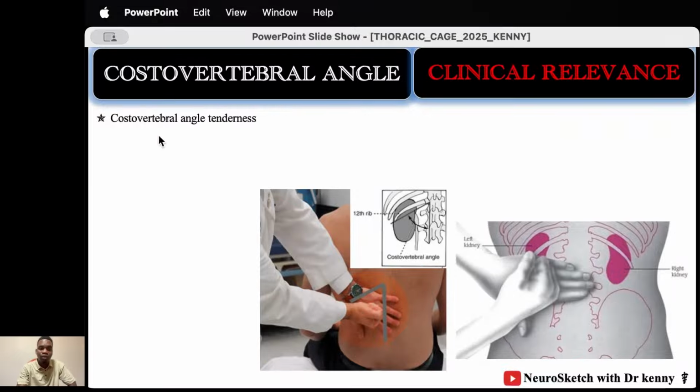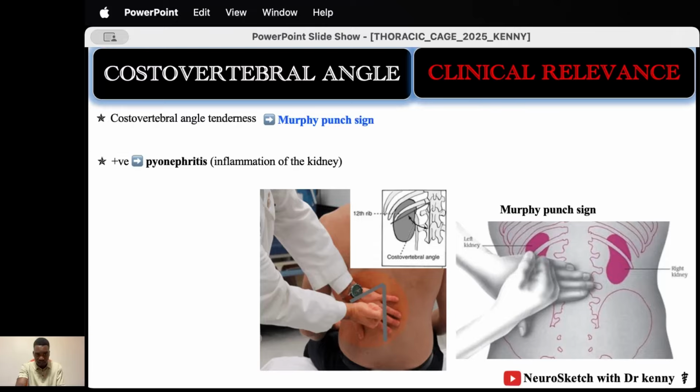We call it costovertebral angle tenderness, also known as the Murphy punch sign. It means if the Murphy punch sign is positive, if you hit, not palpate, you hit at the costovertebral angle and the patient gets tenderness, he or she might have inflammation of the kidney, which is called pyelonephritis.